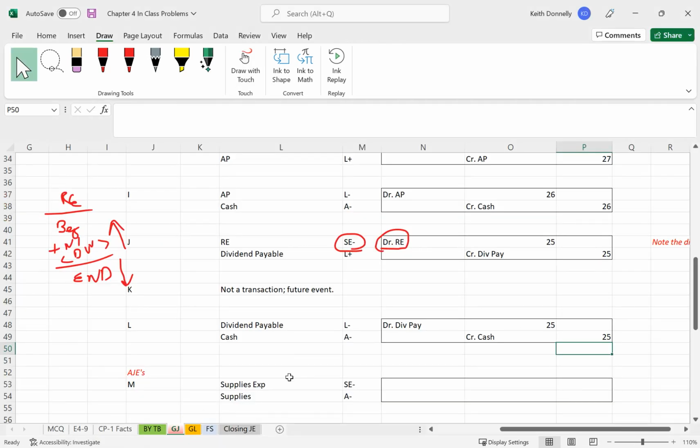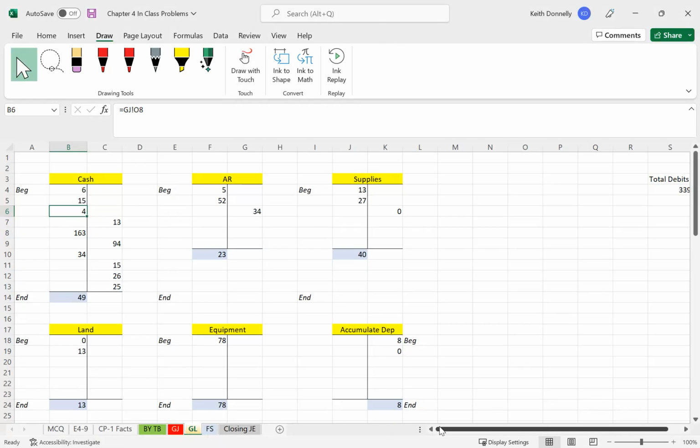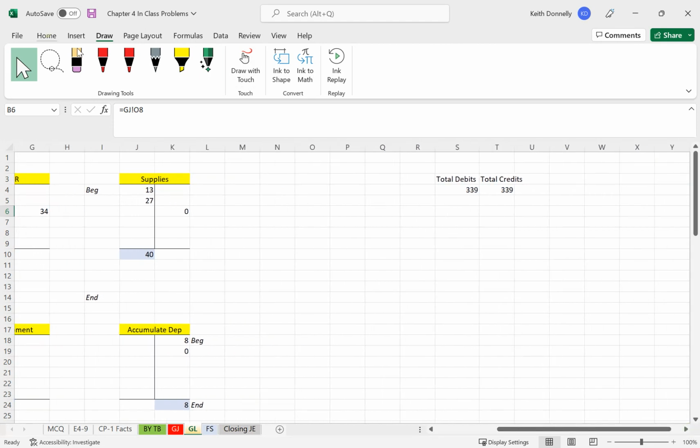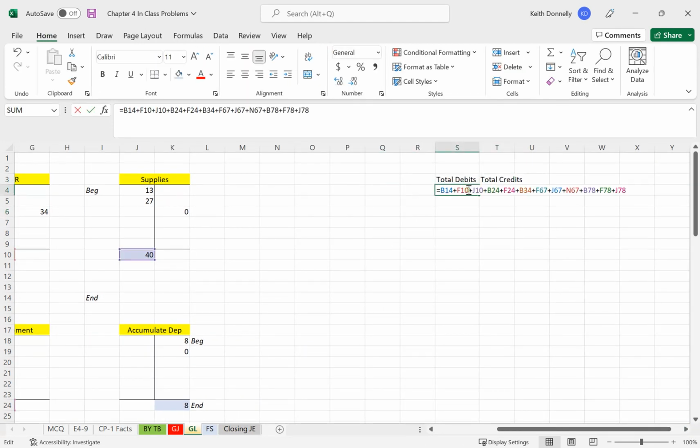I've already done that implicitly over here, by taking the cells over there, your debits and your credits. You could list out all the accounts.